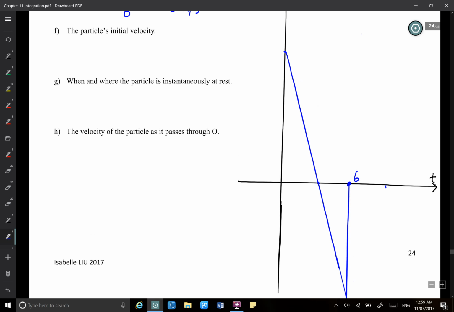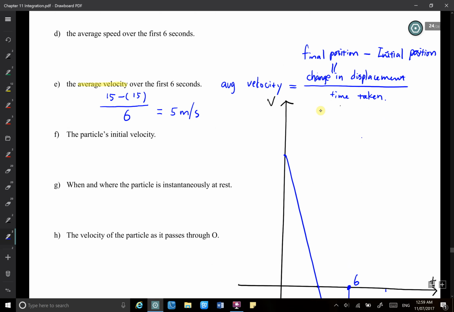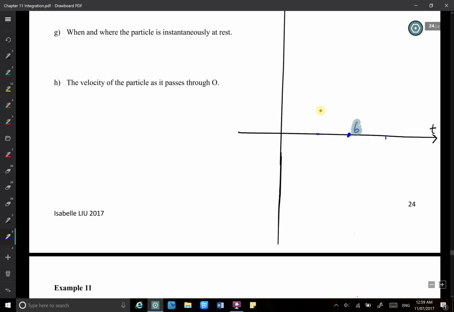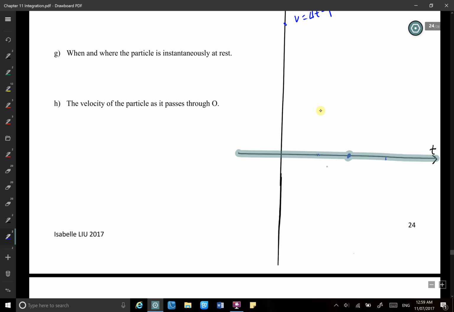Okay, this is 4t minus 7. Oh, wrong way, sorry, I just sketched it the wrong way.